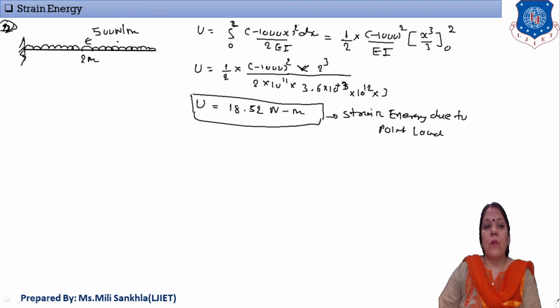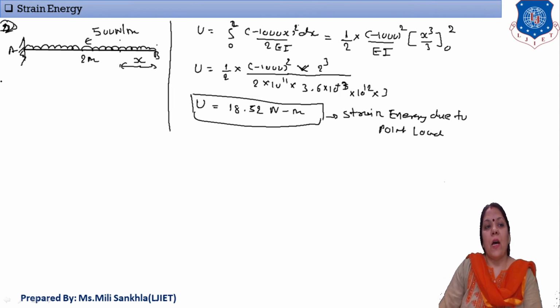First of all, we make an equation from this A and B from the right-hand side, and here I consider this distance as x. Now what is the equation of moment from the right-hand side? M is equal to, this moment rotates clockwise, minus 500 into x by 2, that is equal to minus 250 x square.